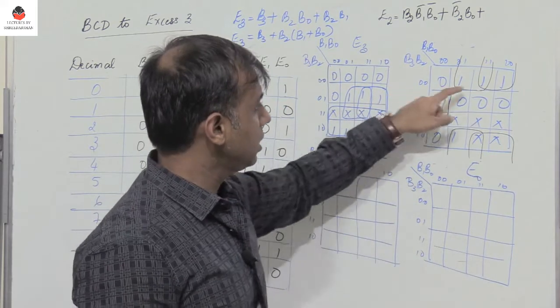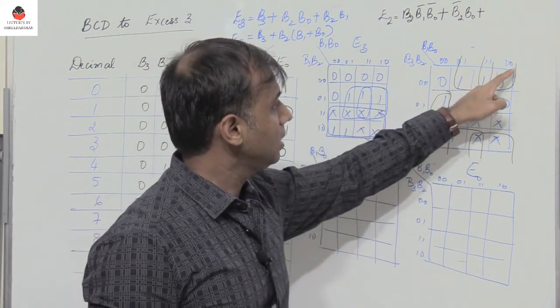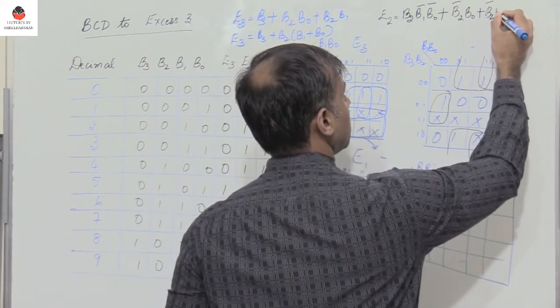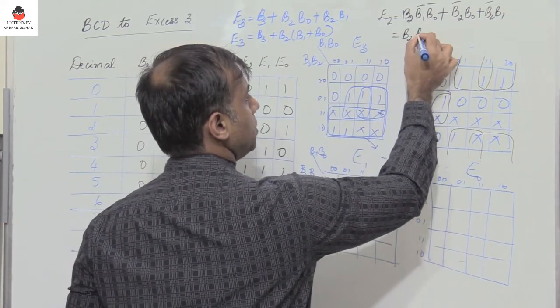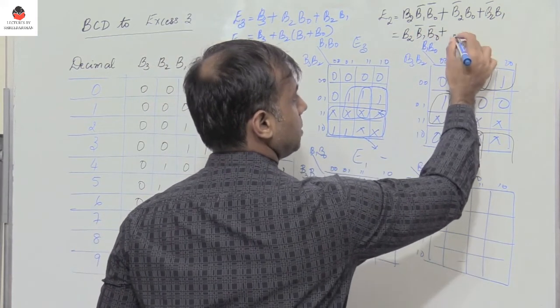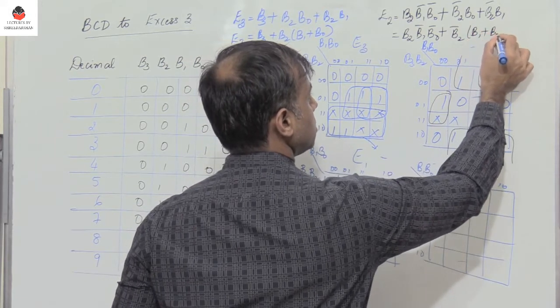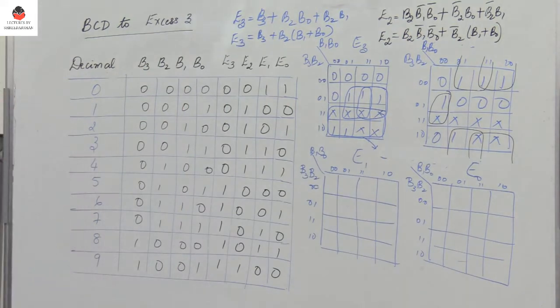Plus, similarly here when I consider these 4, B2 bar, and then here again I have B1. So B2 bar B1. So I can take B2 bar common, so I will get B1 plus B0. So this is the expression for E2. So E2 is B2 into B1 bar B0 bar plus B2 bar into B1 plus B0.